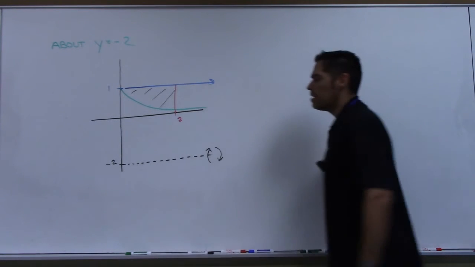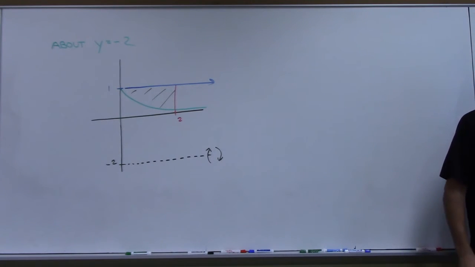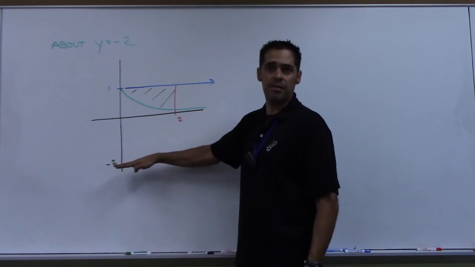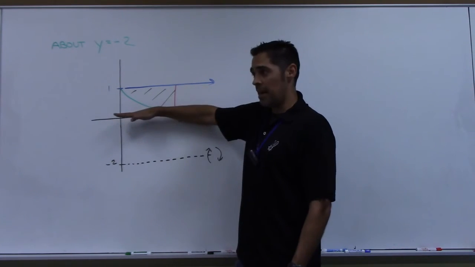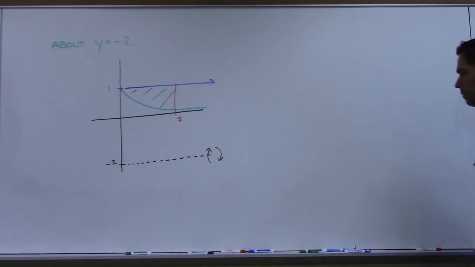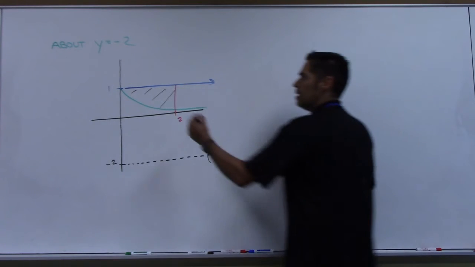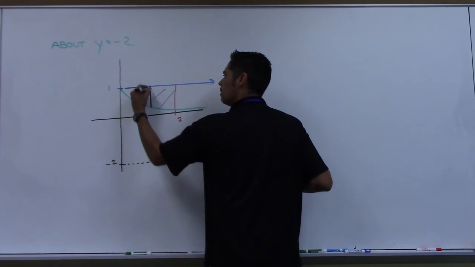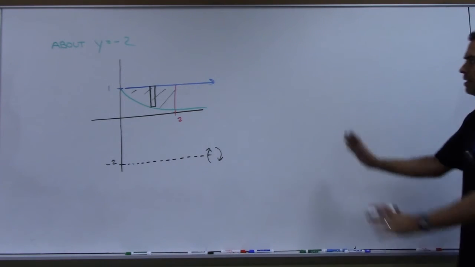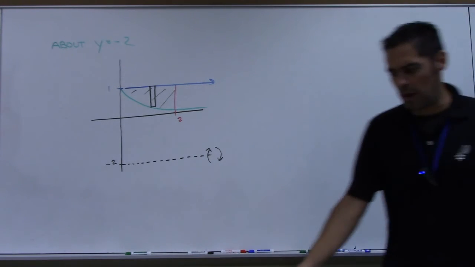Notice that I'm using a dotted line for the axis of rotation, because that's how I help remind myself it's not the x-axis. That's the x-axis. This is the axis of rotation. My rectangle should still be vertical. And now I'm going to take that whole picture and transpose it over here to the right side.